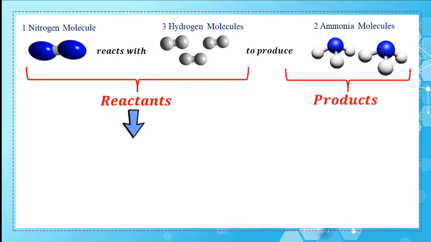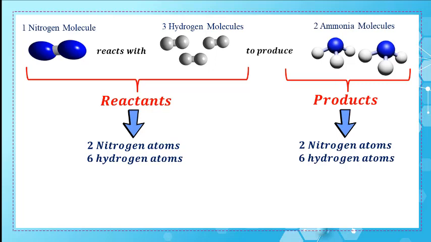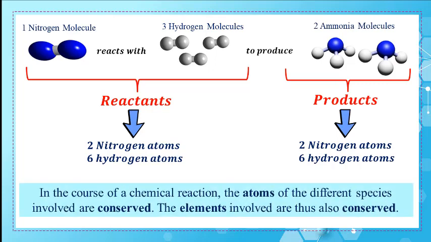In the reactants, we have 2 nitrogen atoms and 6 hydrogen atoms. Also in the products, we have 2 nitrogen atoms and 6 hydrogen atoms. So, in the course of a chemical reaction, the atoms of the different species involved are conserved. The elements involved are also conserved.